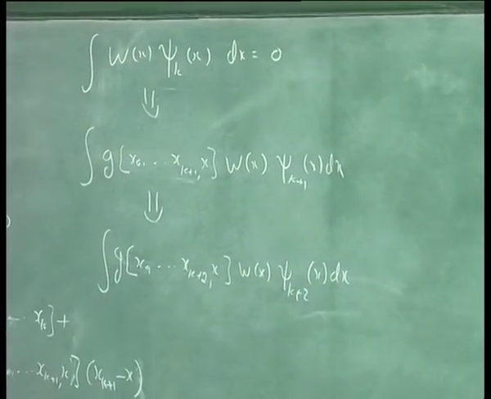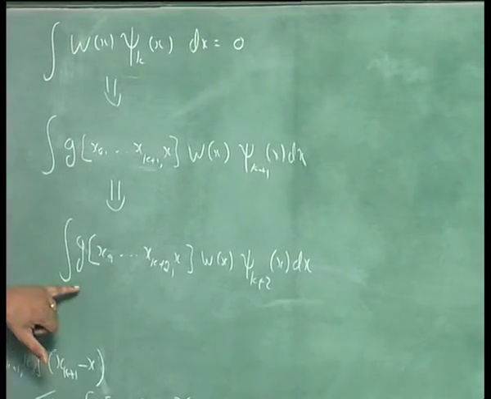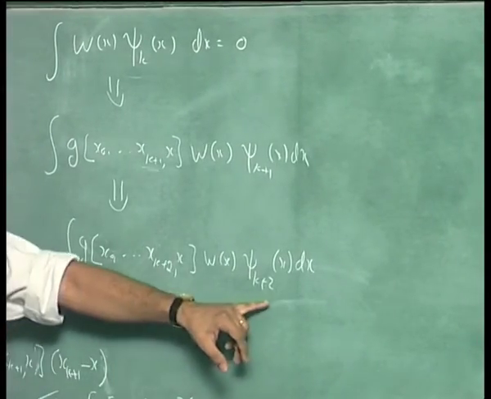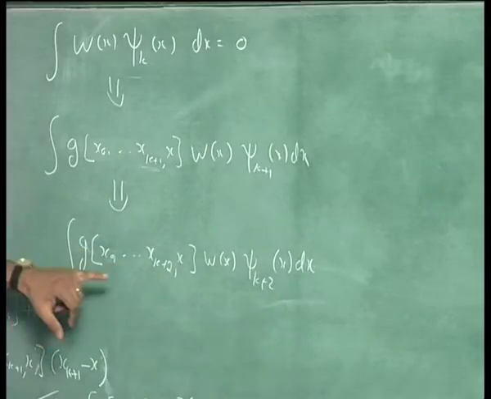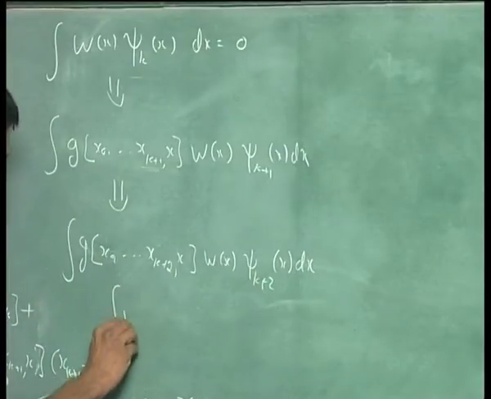So, we can continue with that and then go up to 2k plus 1 in the order which we want. That's the idea. So we have to now choose these points k plus 1, k plus 2, k plus 3 up to k plus m, let's say, such that this integral, that is the integral of w of x.